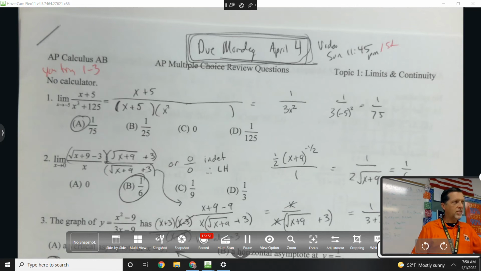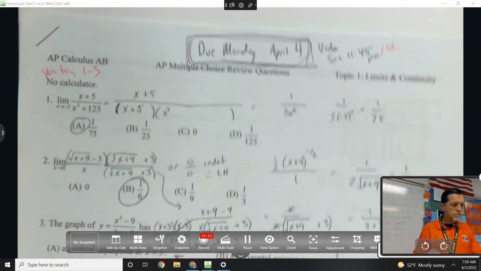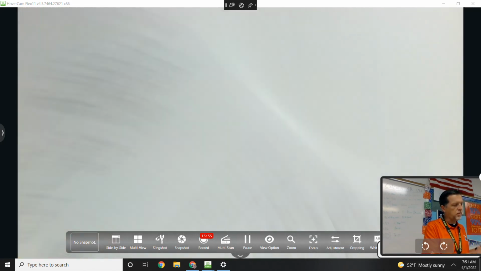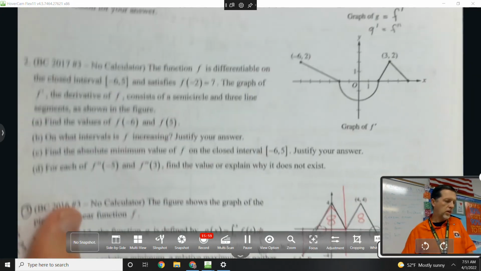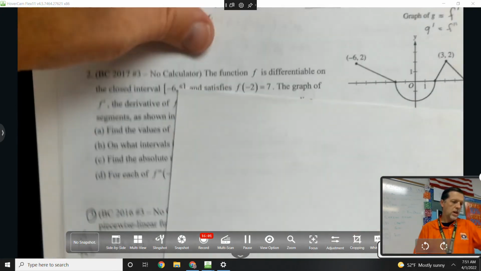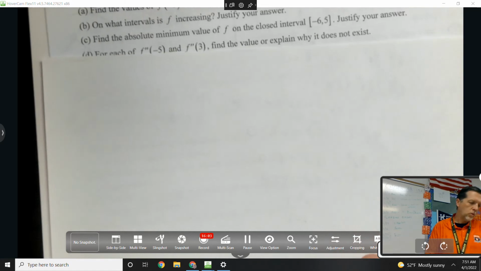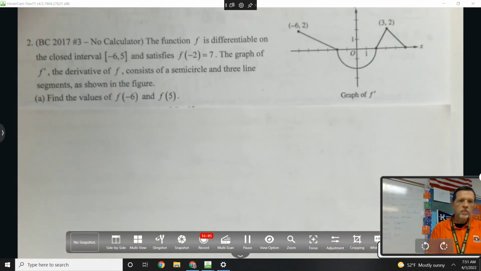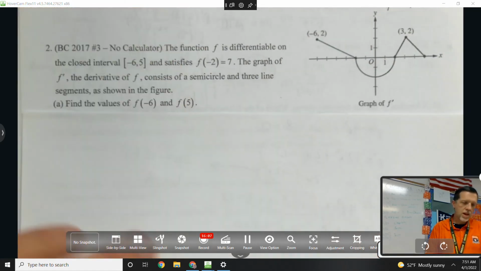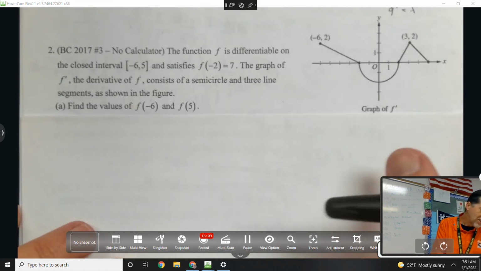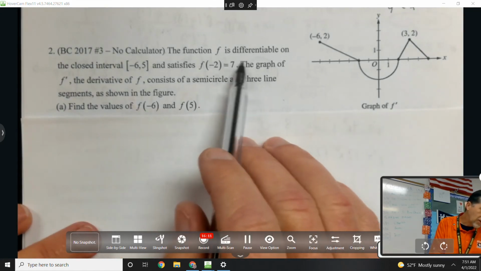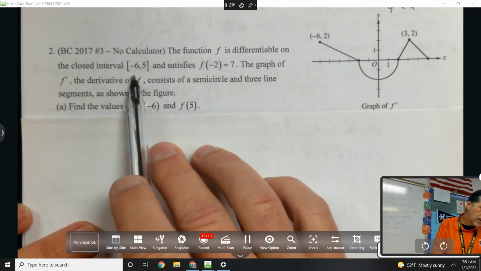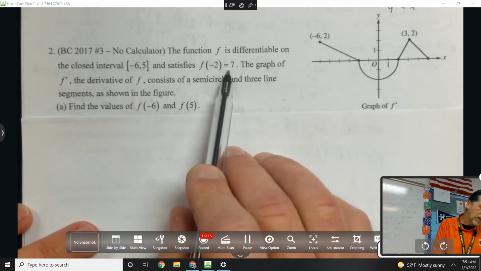Question? Can you do, sorry, it was on the FRQ, but can you do 2A? Sure. So 2A on the FRQ question. Let's see. The function f is differentiable on the closed interval, and f of negative 2 equals 7.